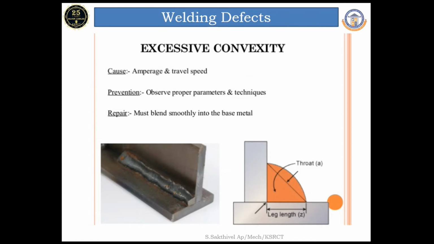Excessive convexity. Excessive convexity is caused by the amperage of the weld and the travel speed. Prevention: observe proper parameters and techniques. Repair: it must blend smoothly into the base metal.